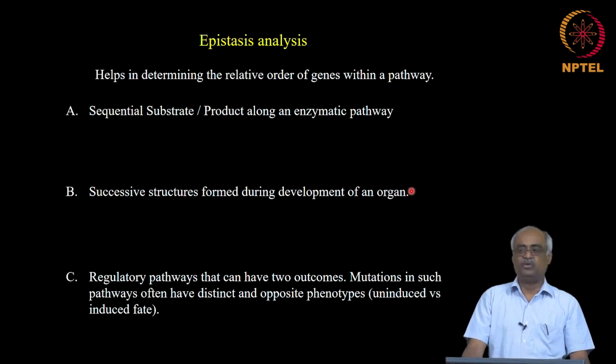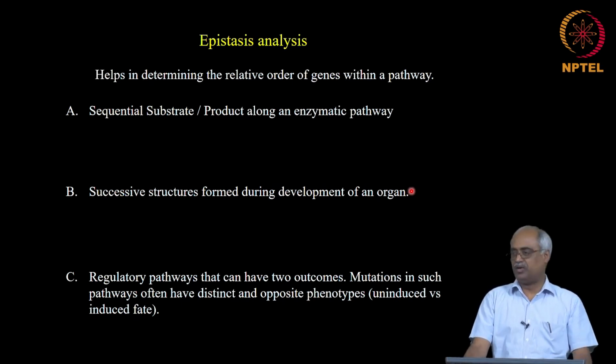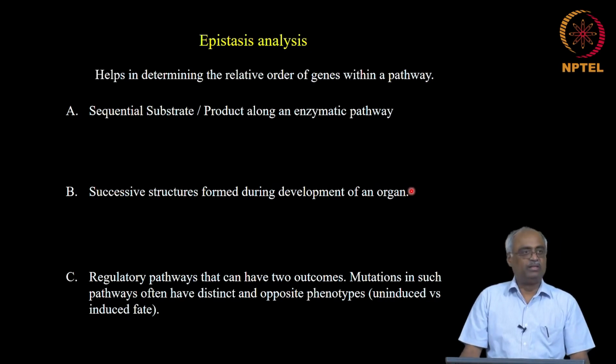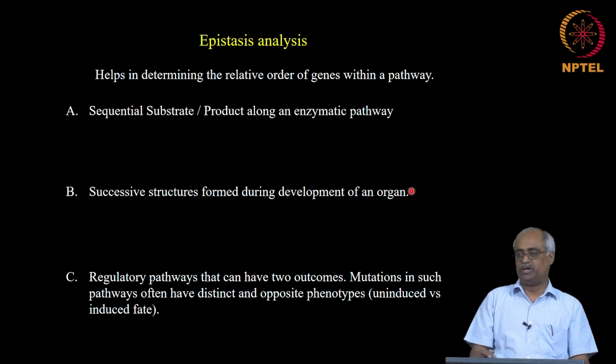For that you need to go to the manufacturing facility and tell them to not make, right. So, there you will have opposite outcomes, either it is being made or not made. So, there are two outcomes and they are opposite. So, we will see how we will be able to identify genes that function in these kind of pathways.